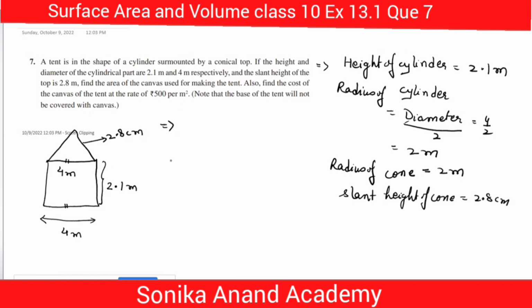So we have to find the total area. The total surface area of tent is equal to curved surface area of cylinder plus curved surface area of cone.